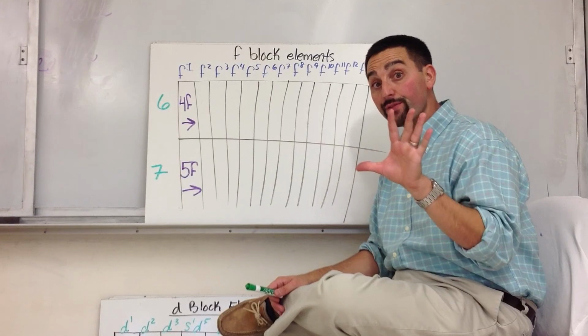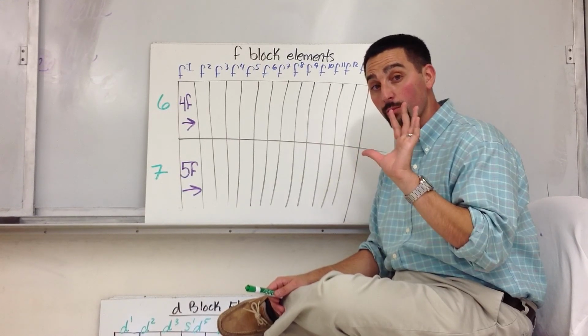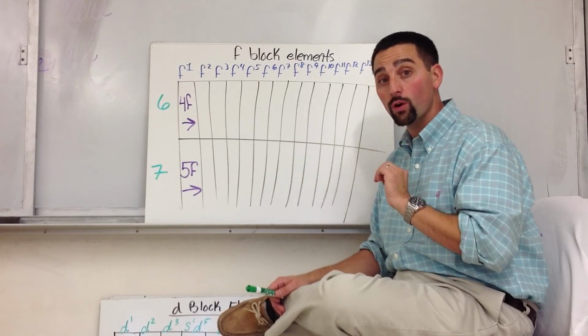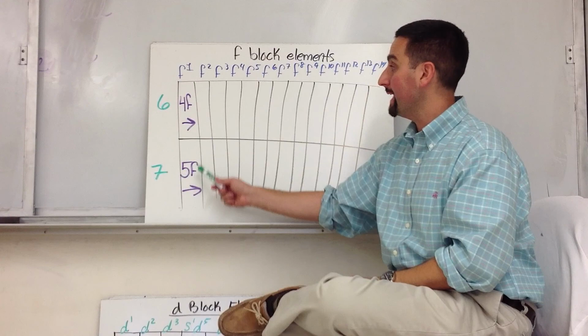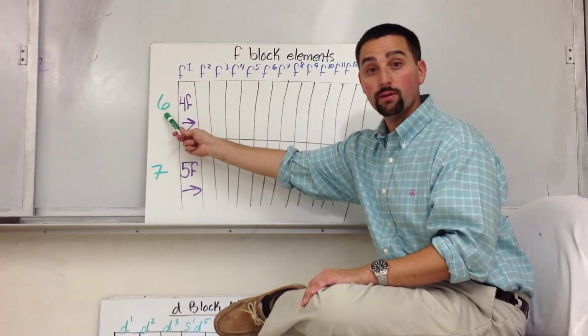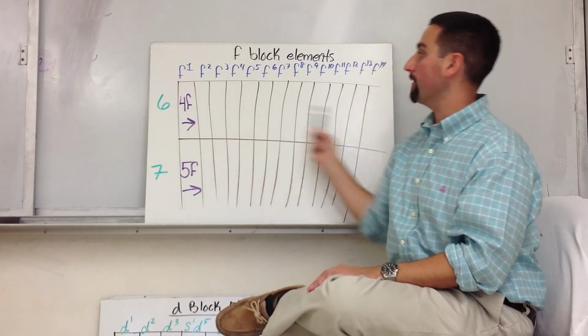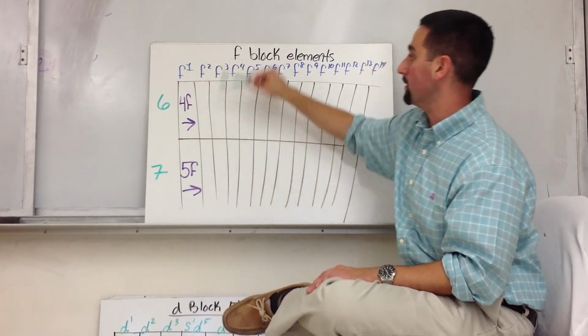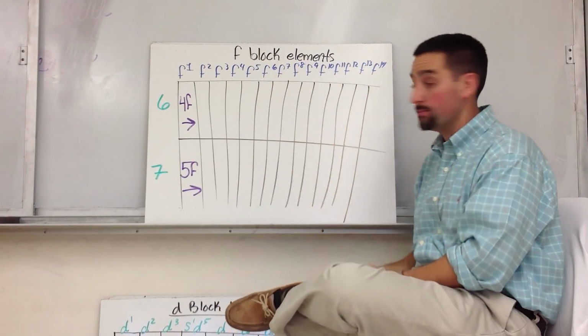If I'm in the 5th row in the d block, 5 minus 1 is 4, so they start in 4d. For the f's, you take away 2. I'm in the 6th row, 6 minus 2 is 4. That's the f block, and big surprise, there's 14 groups here that I tried to squeeze in.